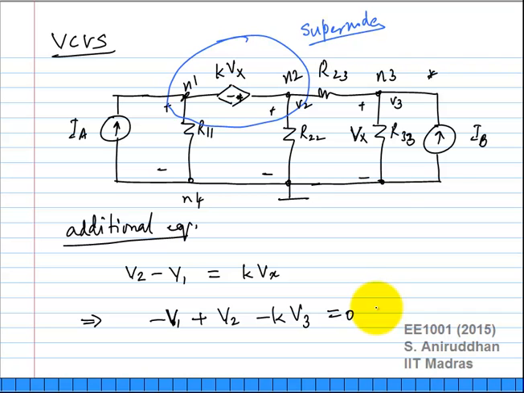You need some linear combination of the voltage variables on the left hand side. You need to have the independent constants on the right hand side. In this particular case, this is the equation describing the voltage constraint. Of course the assumption is that you know what this K value is. So this would be the additional equation that you would concatenate to your original conductance matrix, and use to solve the system, right?